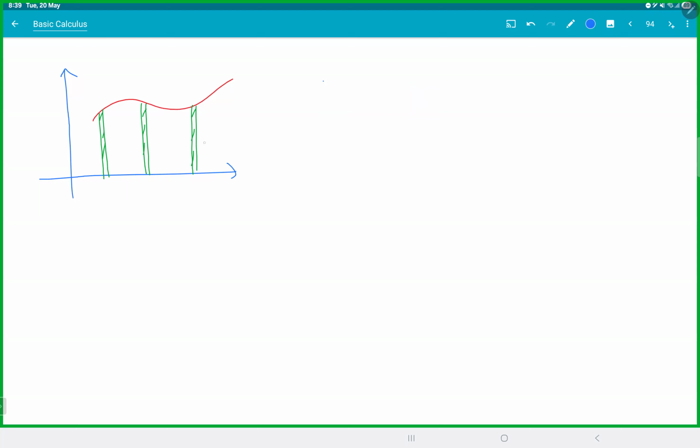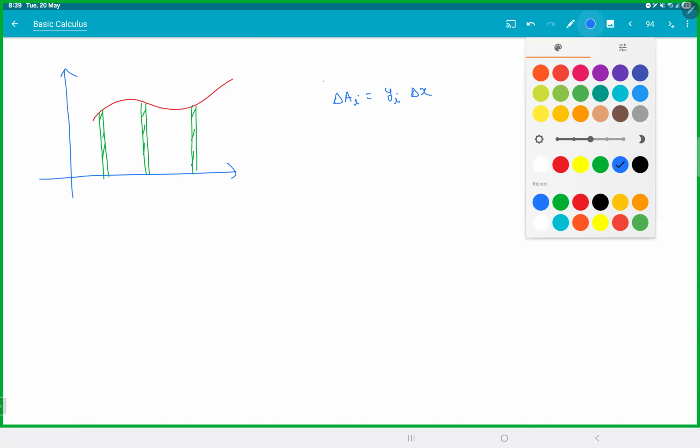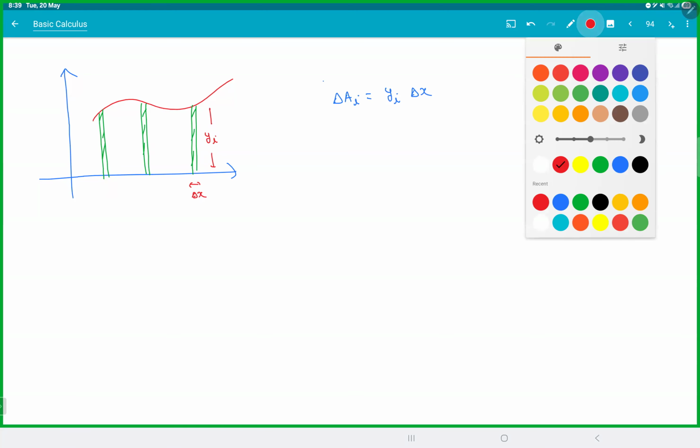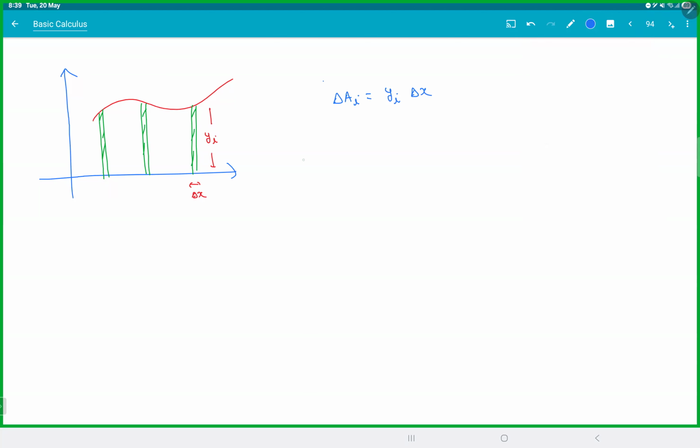so let me write like this. Let this strip be delta ai, which is nothing but the y coordinate yi into delta x. So if this is delta x, and let this height be yi, if I add everything, again, this is just explanation.